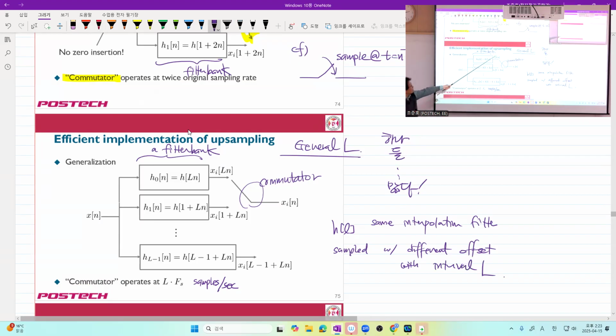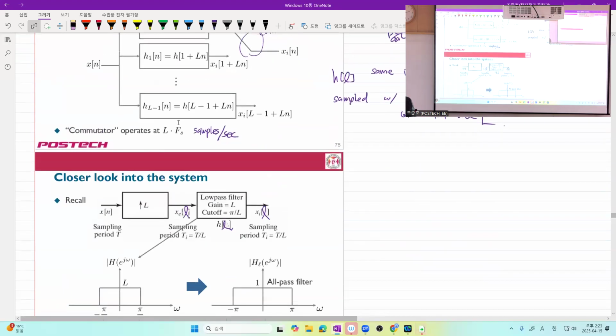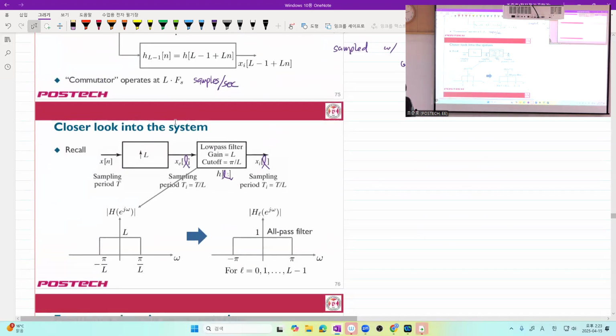So up to this point, you still have low rate, low rate, low rate, and suddenly this commutator sweeps very quickly per each n time index, L times, and then it generates a high rate signal. So this is the up converter in the special case, and it's an interpolator.